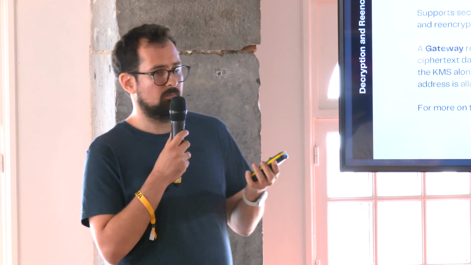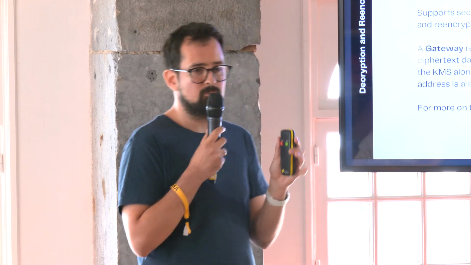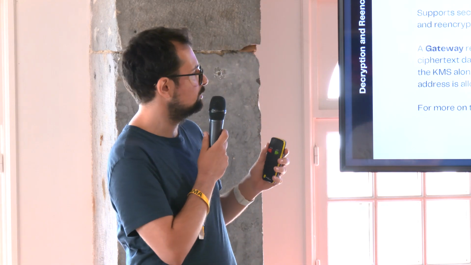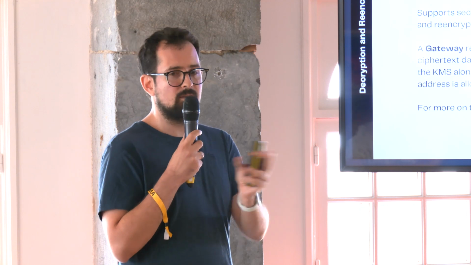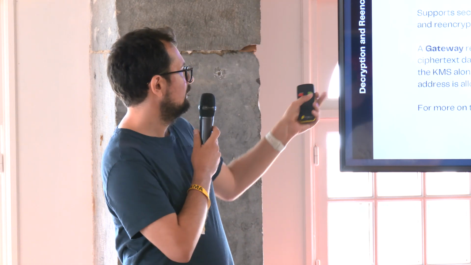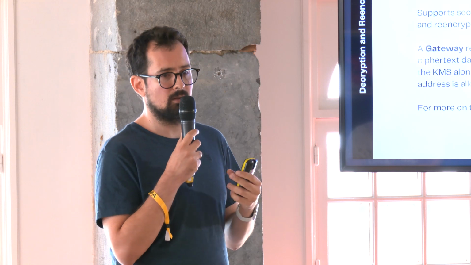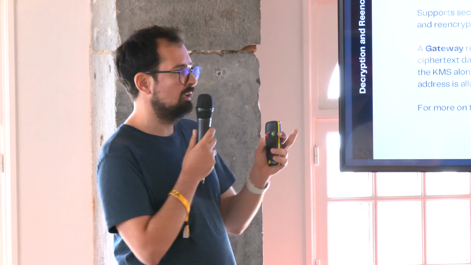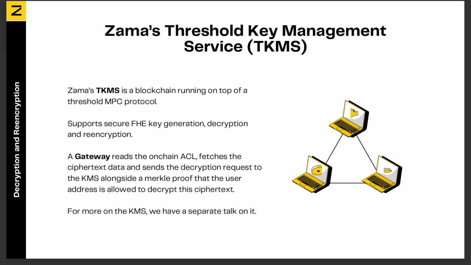And because now the KMS is a blockchain and FHEVM is on a blockchain, we now need a component that allows these two blockchains to work together, and this is the gateway component that we introduce, and I will talk about it a bit later. But basically, it can read all the data needed to do a decryption or encryption.